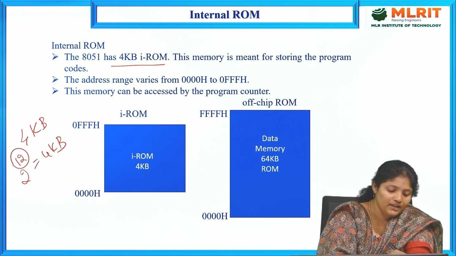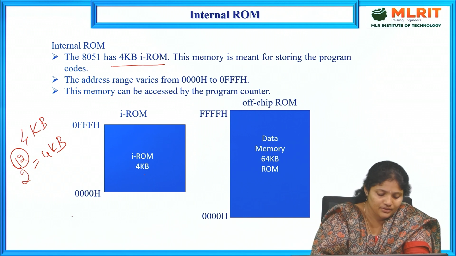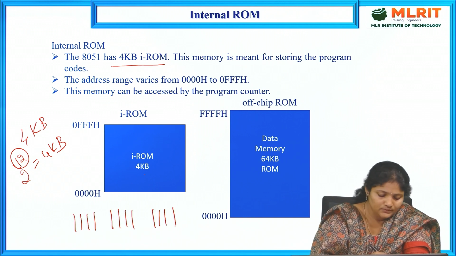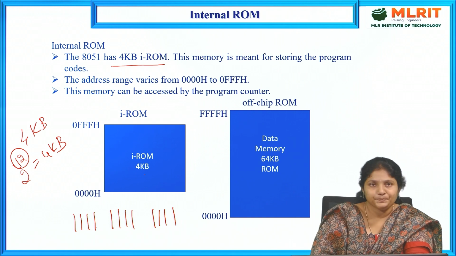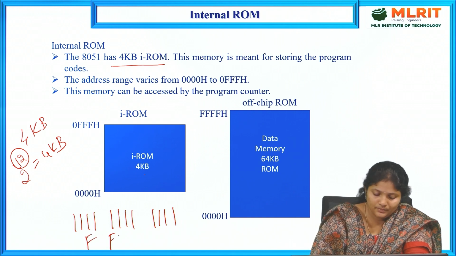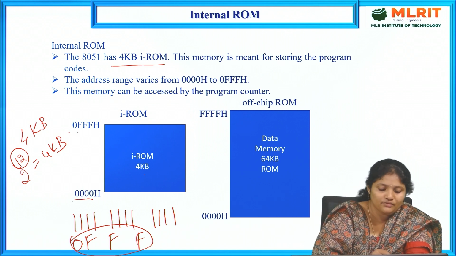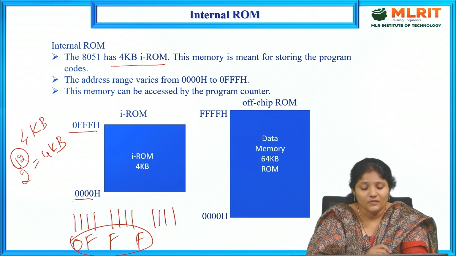So we require 12 address lines. So the maximum value of 12 address lines is F, F, F. So the address locations of that 4 KB will be 0000 to 0FFF. So this is how IROM will be there.